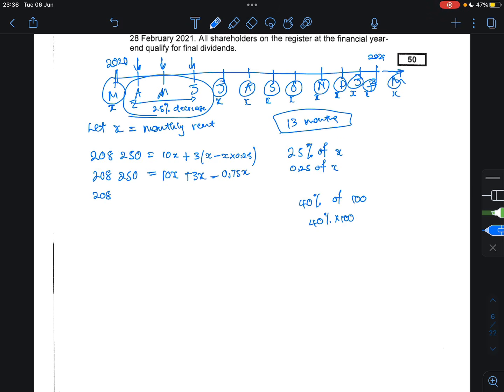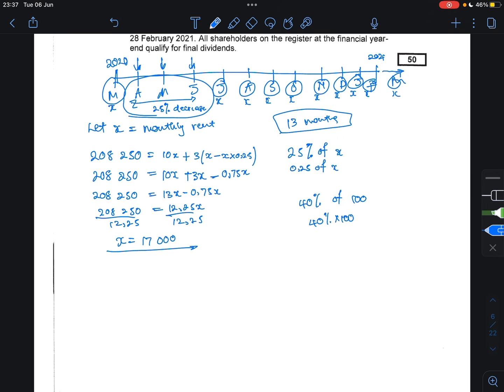Okay, it's 208,250, which is 13x, minus 0.75x, is 208,250 being equal to 12.25x. So 12.25, divide both sides by 12.25, and 208,250 by 12.25, and then X is equal to 17,000. So 17,000 is your monthly rent without the decrease.